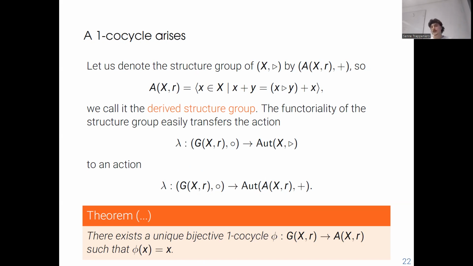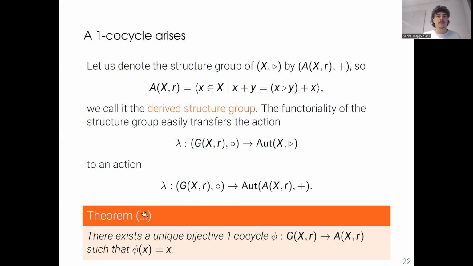Okay, now we're really close to the definition. Well, it seems that the definition of a one-cocycle is showing up there. And indeed, we have an action here of G_{X,R} on the group A_{X,R} by automorphisms.